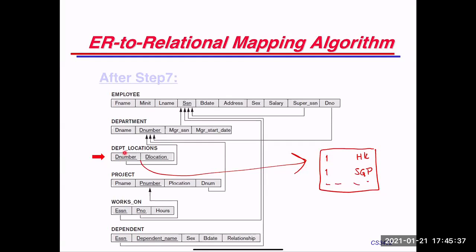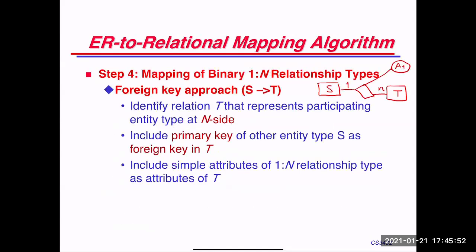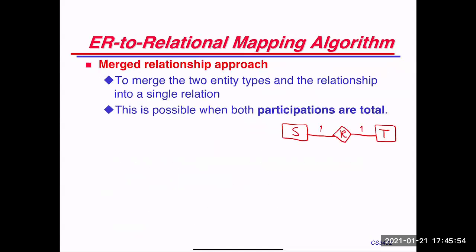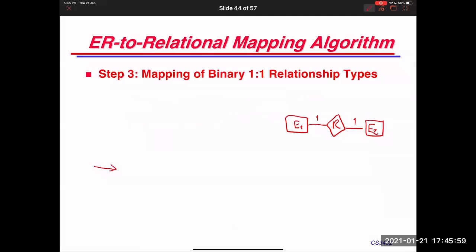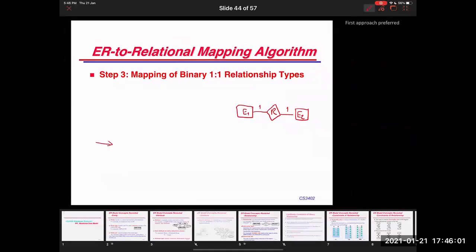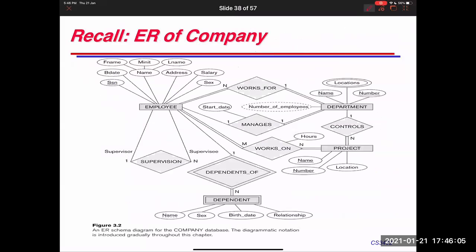As I said, we are renaming attributes here. So let me go back to the company database. Not as simple to do on an iPad because you can't just jump back. Go step by step. But here we are.